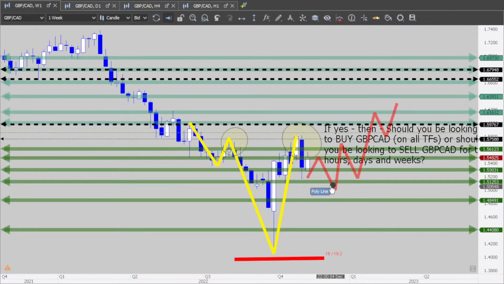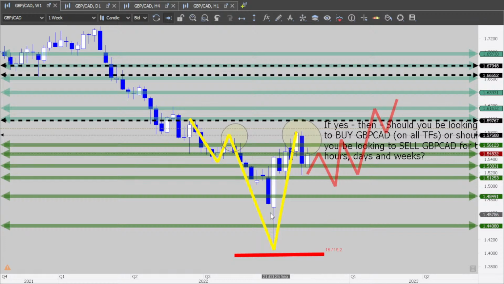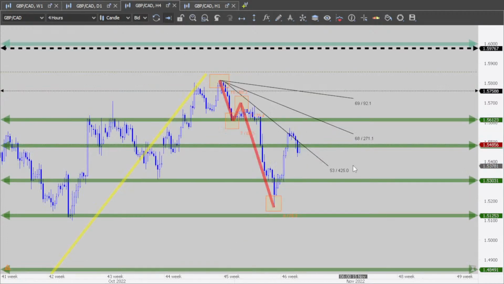So very slowly, somebody complained that I'm going too fast today. Okay, so one more time, you have a visual on GBP CAD. It's the yellow line. It's a crown reversal pattern. This market has an 80% chance to go up. Stop loss down in here, but I'm entering on the 4-hour chart, and so far I have a downtrend.